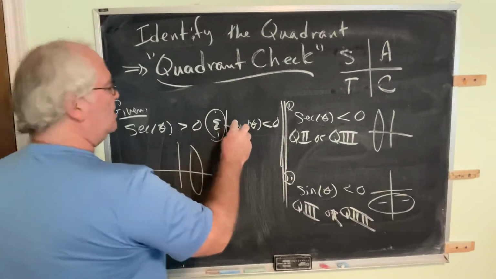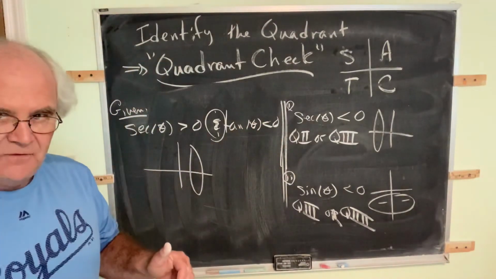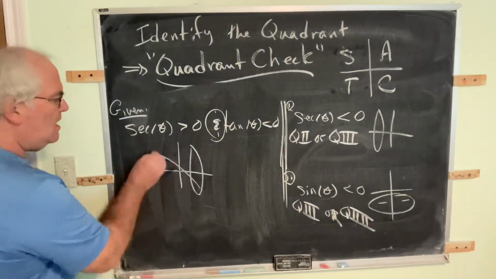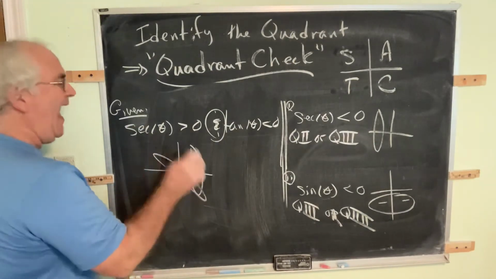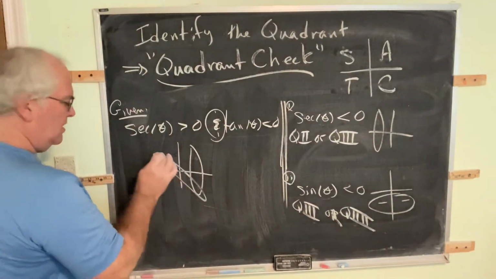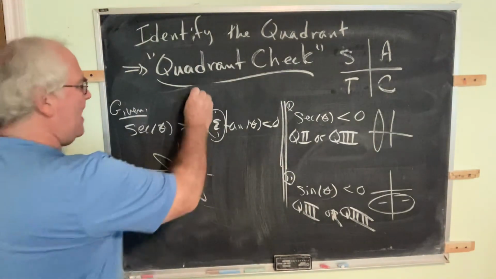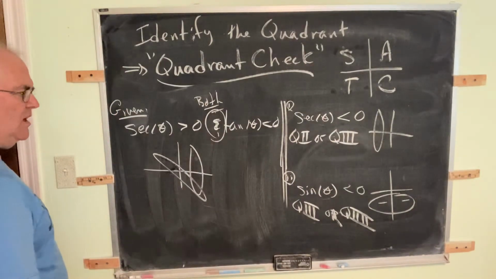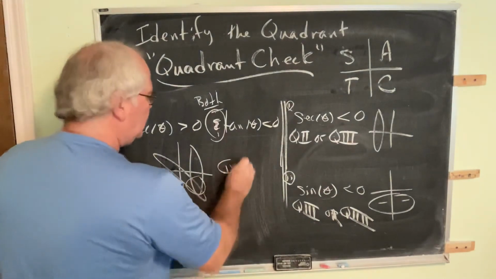Now we also know tangent is less than 0. Where is tangent negative? If it's positive here and here, it's negative here and here. So it must lie in either 2 or 4, and we want both. And means both. The only quadrant where both of these take effect is quadrant 4.